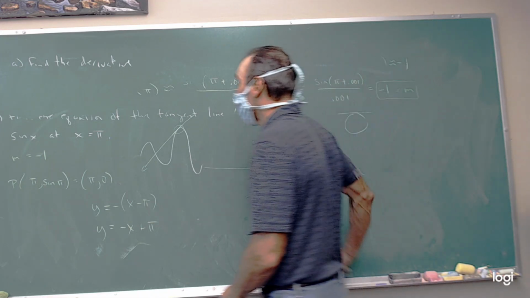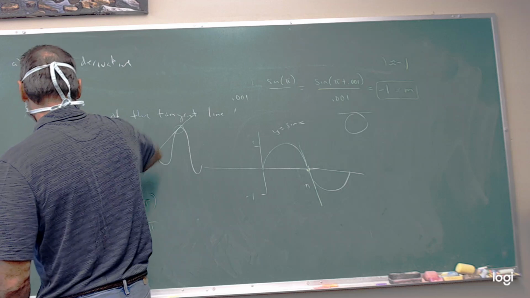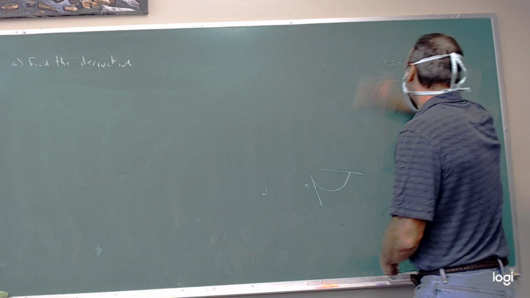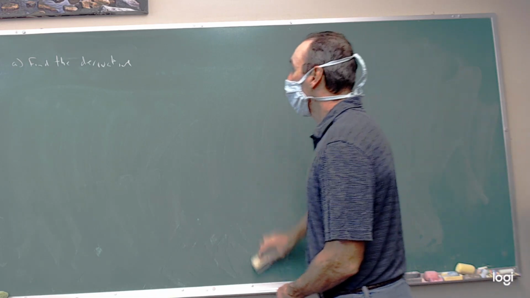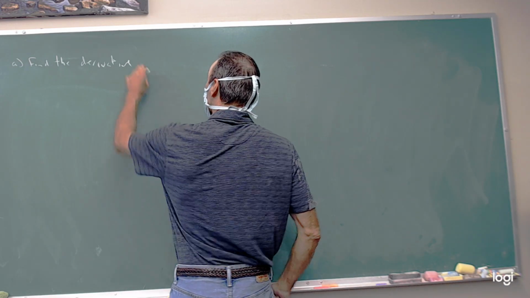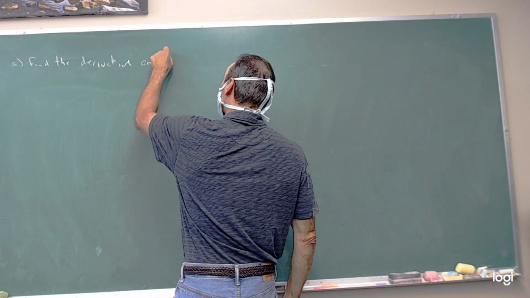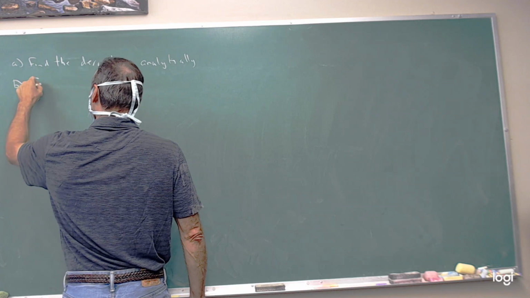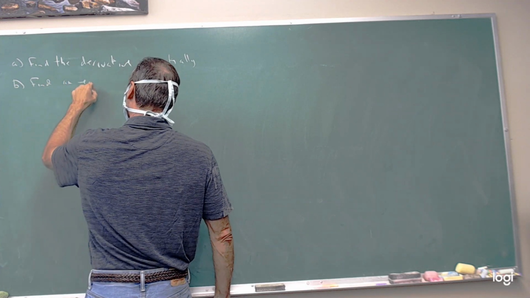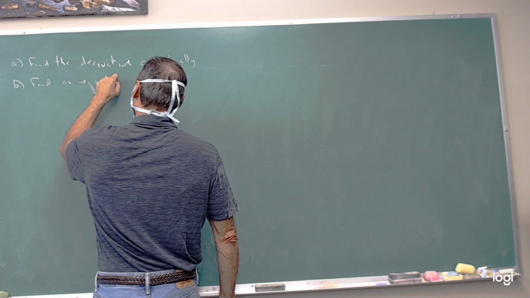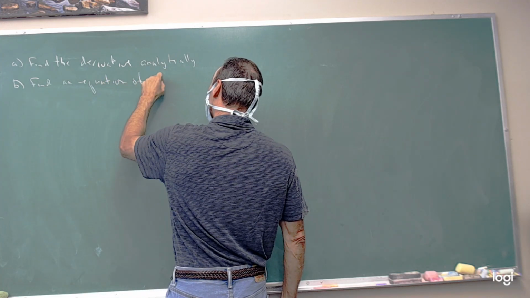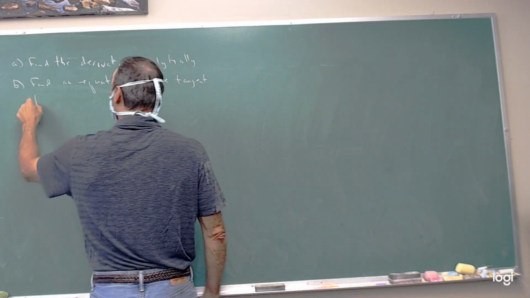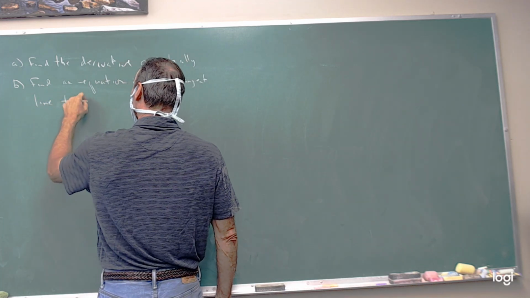Okay, so let's do some other examples here where we're going to do this analytically. So we are going to find the derivative analytically, and then we are going to find an equation of the tangent line to the curve at the given point.